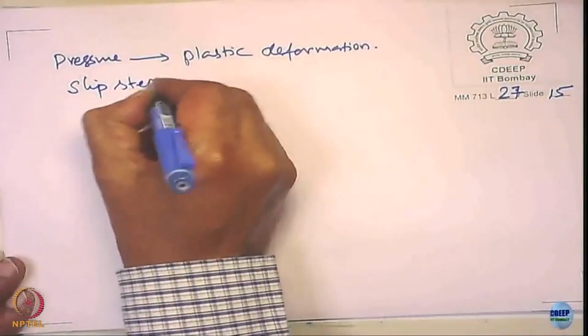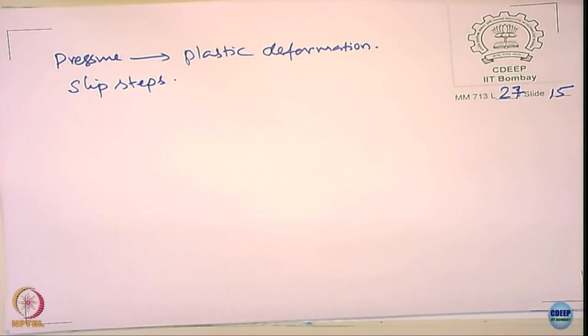Metallurgists should tell. What do you see? You will see a slip step. If you look at this in the microscope and you see nicely deformed layers, right? You see slip steps. That's an indication of the plastic deformation of metal.